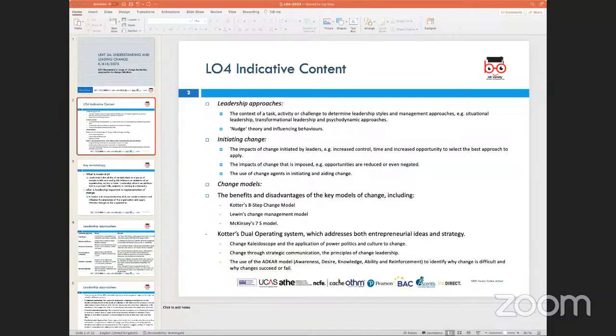So a lot would depend on how leadership looks at bringing across this particular change within the organization.